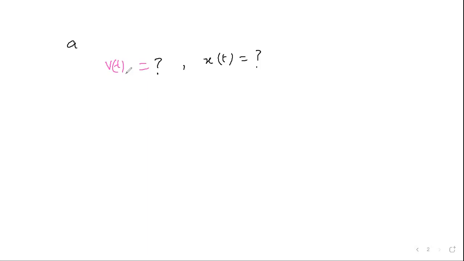So we know acceleration is the time derivative of velocity, right? a is dv by dt. So I can write dv equal a dt, right? Then I integrate my left hand side and right hand side and give limits on left side from v0 to v, and on right hand side 0 to t.